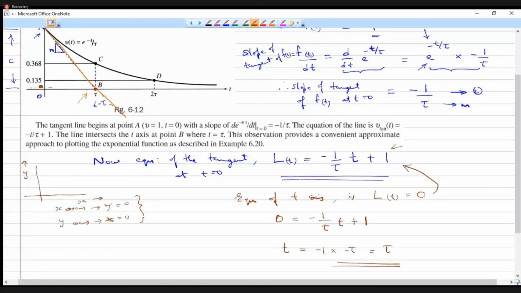So 0 is the value of this function at t tends to infinity. As t tends to infinity, the value of the function, that is e power minus t by tau, is going to tend to 0.